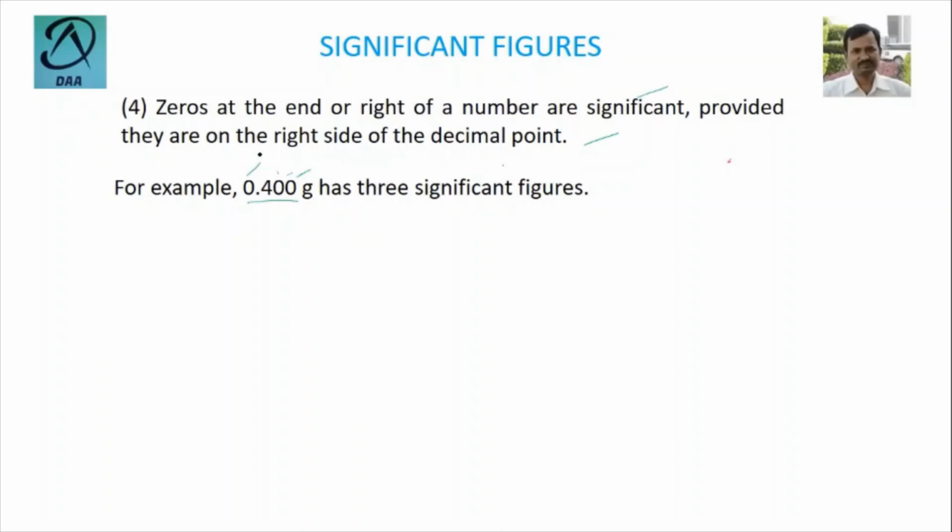This zero will not be accountable, as you were told in rule number 2. So how many significant figures does it have? Yes, 3: this 4, this 0 and this 0. So 1, 2, 3. That means 0.400 has 3 significant figures.